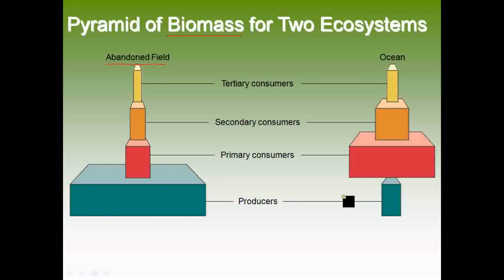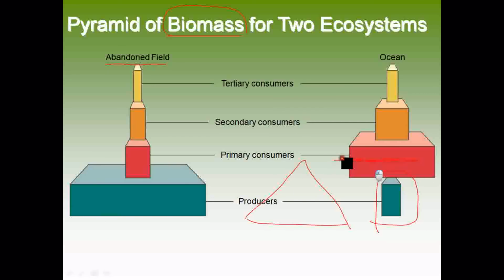But the ocean is a little bit different because there's not a lot of producers in the ocean, but there are a lot of fish. Now, these producers produce enough energy so that the energy pyramid looks normal in the ocean, but the biomass pyramid is oddly shaped because you could weigh all the producers in the ocean, and they're all tiny little phytoplankton and algae, so they don't add up to very much mass at all compared to the fish that are eating them.